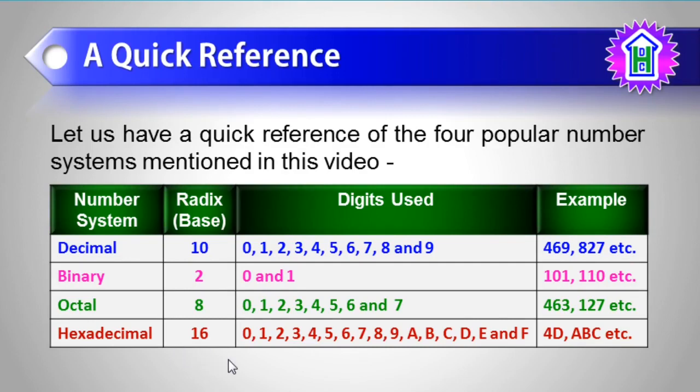In this system we have 0 to 9, and then 10 is represented by A, because a digit cannot be a combination of two digits. 10 is a combination of 1 and 0, so we cannot represent 10 as a digit. So instead of 10 we are writing A, for 11 we are writing B, for 12 we are writing C, for 13 we are writing D, for 14 we are writing E, and for 15 we are writing F. So 4D, ABC are all valid numbers in hexadecimal.